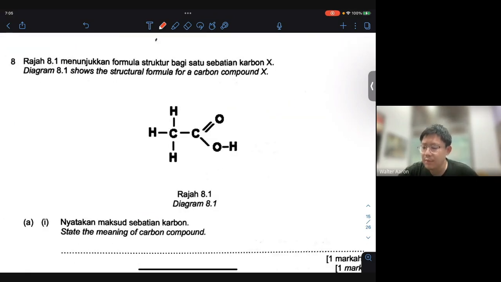Number 8, diagram 8.1 shows the structural formula of a carbon compound X. And this is a 2-carbon carboxylic acid. So state the meaning of carbon compound. It's very simple.